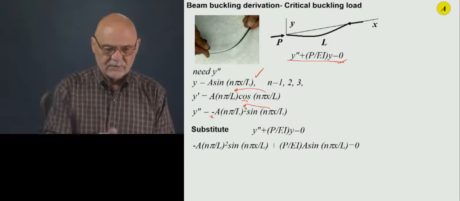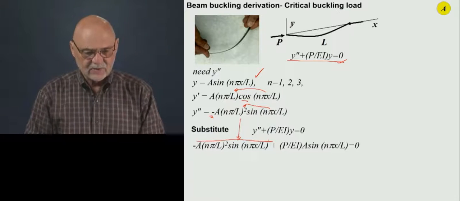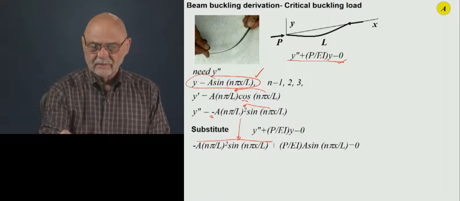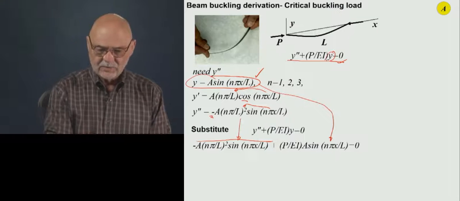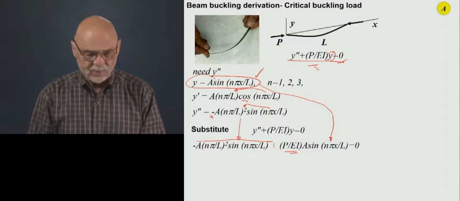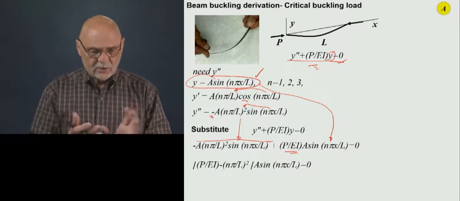And we get this relationship. So all this right here is the second derivative, and then we just take y and substitute that in there. So here's the P over EI that's there. Okay? So just substitution at this point. And so we can group terms.